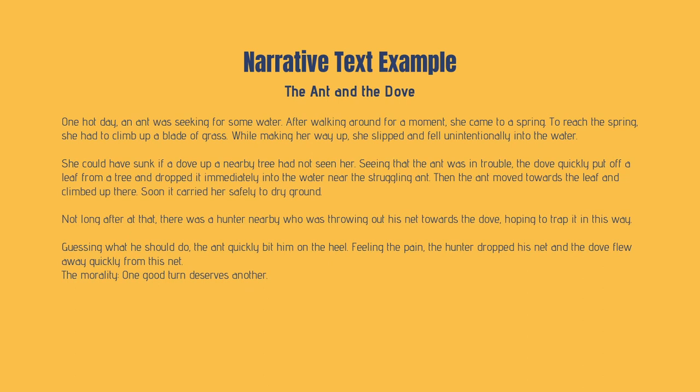Not long after that, there was a hunter nearby who was throwing out his net toward the dove, hoping to trap it. Guessing what he should do, the ant quickly bit him on the heel. Feeling the pain, the hunter dropped his net, and the dove flew away quickly from the net. The moral: one good turn deserves another.